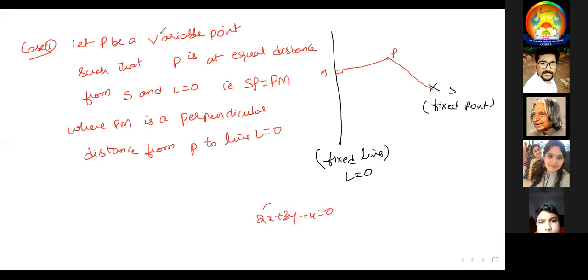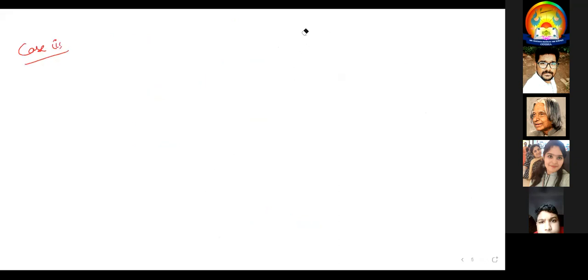That is the line equation. Any line equation is represented with L equal to 0. That's all, that is the representation.